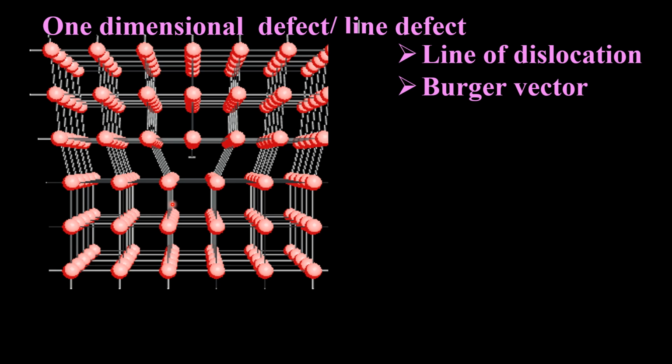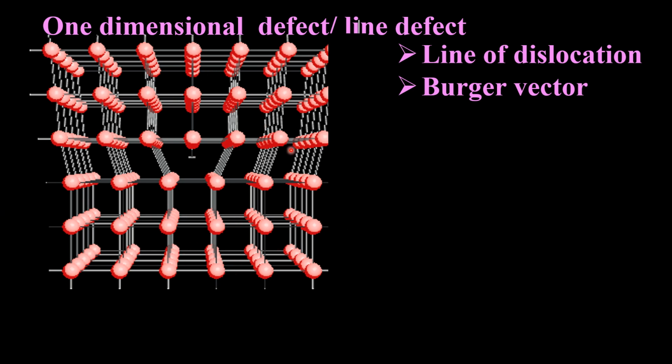Within the region around the dislocation line, there is some localized distortion within the crystal. The atoms above the dislocation line are going to squeeze together, and those below are pulled apart.